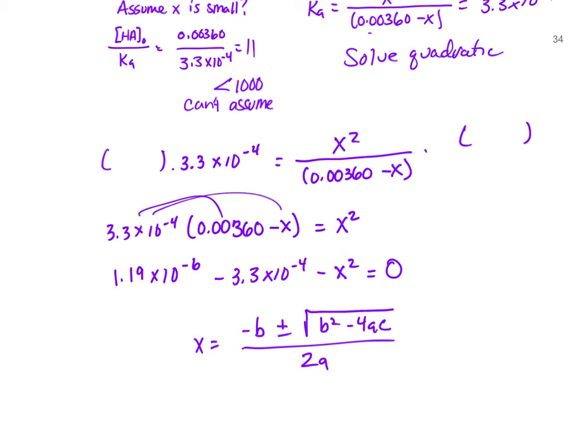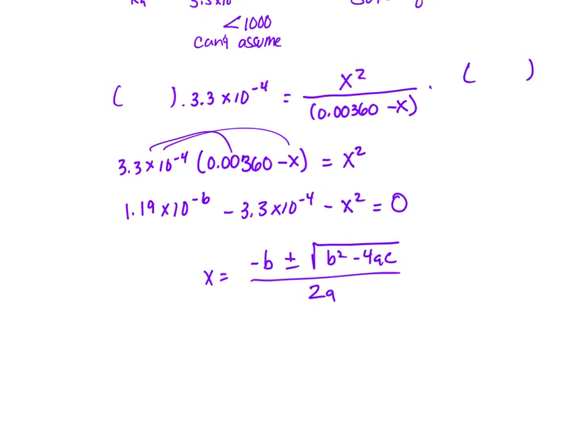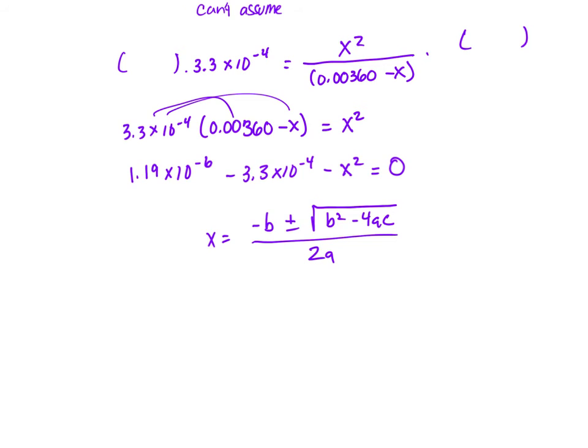All right. So in our equation, A is going to be equal to minus 1, because that's the coefficient in front of the X squared. B is going to be equal to minus 3.3 times 10 to the minus 4. And C is going to be equal to 1.19 times 10 to the minus 6. And so we can plug these values into our quadratic formula.